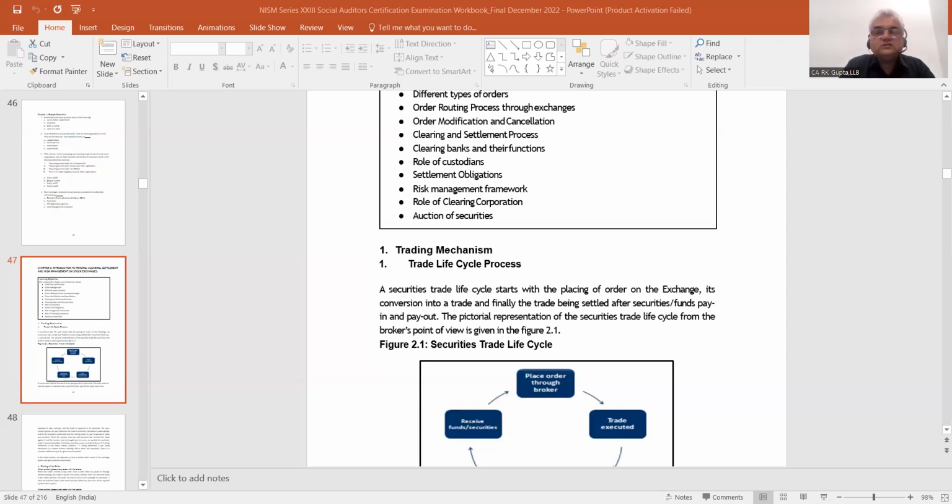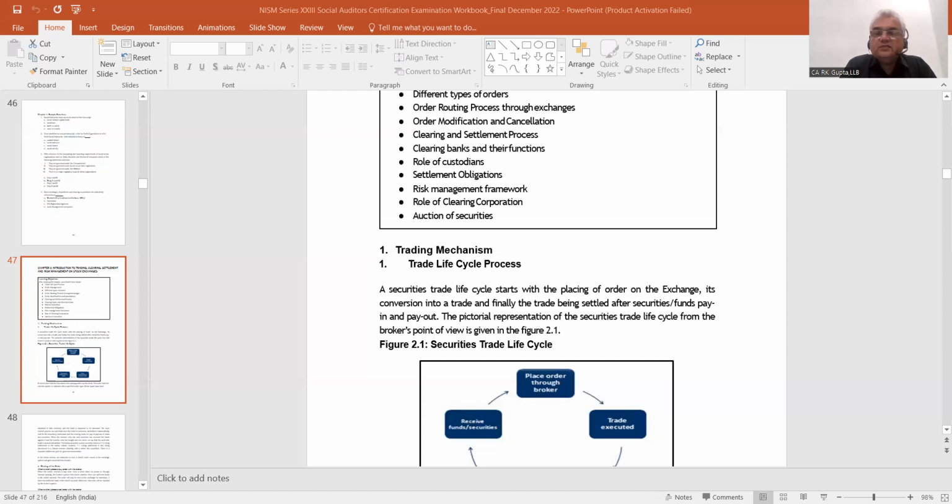So this much precaution is taken at every stage of the trade so that there is smooth transitioning from one process to the other. So the securities trade life cycle starts with the placing of the order on the exchange, then its conversion into a trade, and finally the trade being settled after securities or funds pay in and pay out.